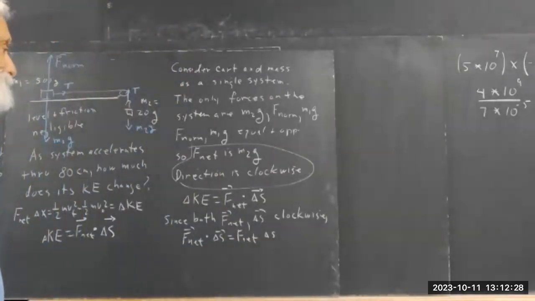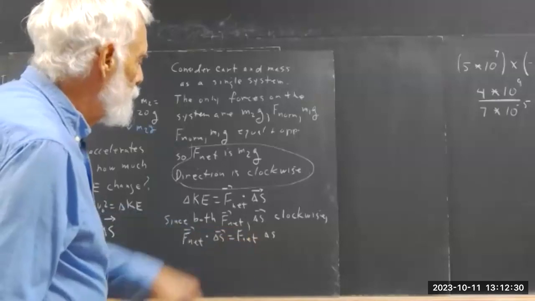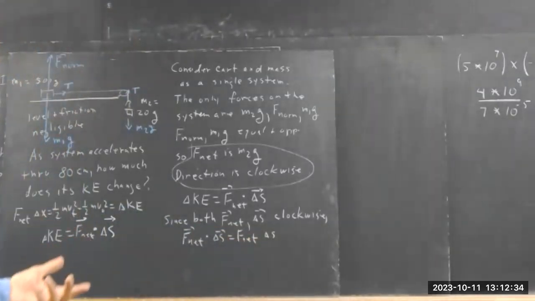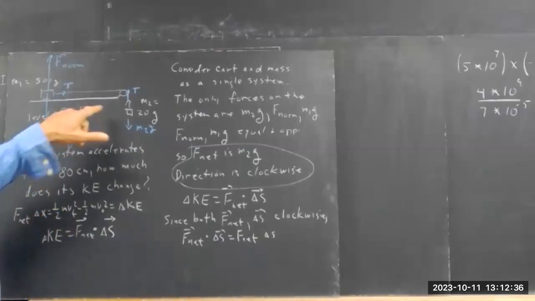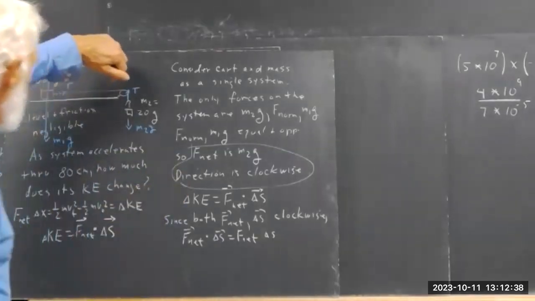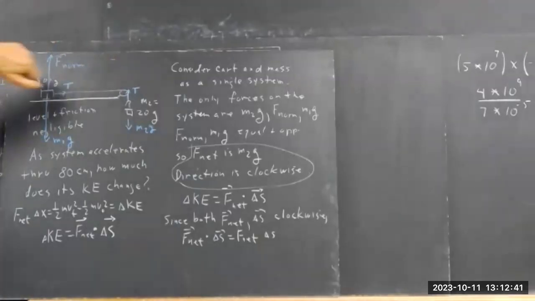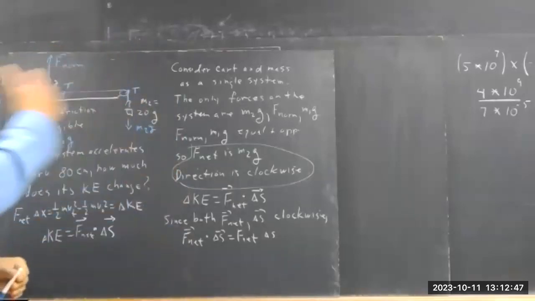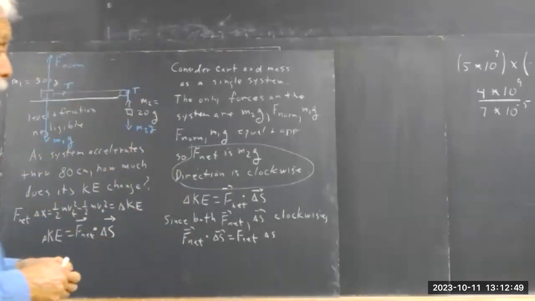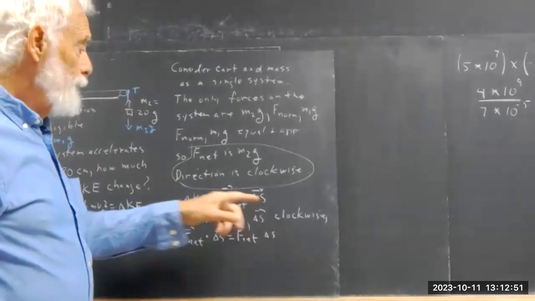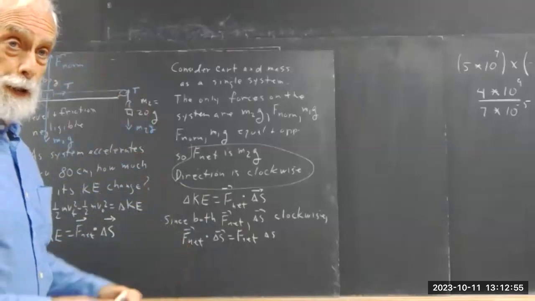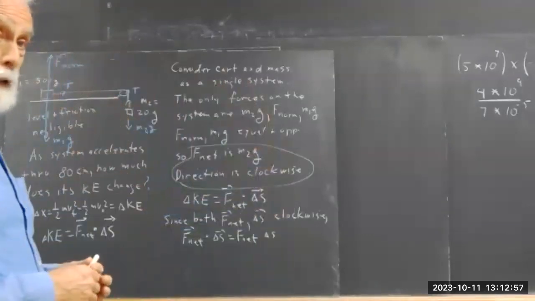So in this case, the vectors aren't directly relevant, but you do have to be aware of them. For example, if this thing was given a velocity in this direction, the system would be moving counterclockwise, opposite to the direction of a clock, and your F net would still be clockwise, whereas your motion would be counterclockwise.